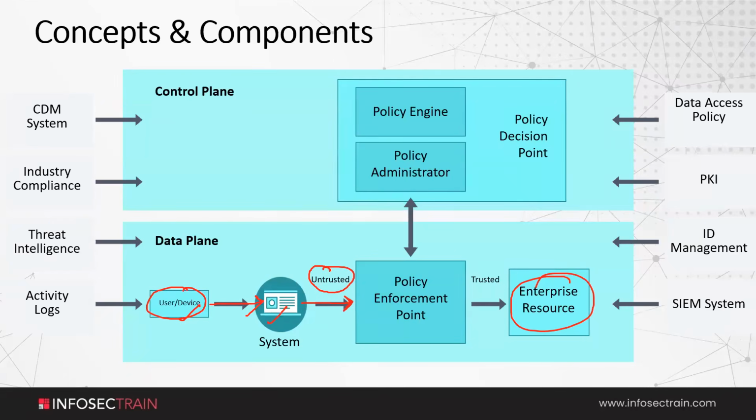There is an entity called the policy enforcement point, or PEP. What does this policy enforcement point do? This is like a gatekeeper. Whenever there is an access request coming from a user, the request first goes to the policy enforcement point. The policy enforcement point is something which gets the request, and it is not the one who makes the decision.